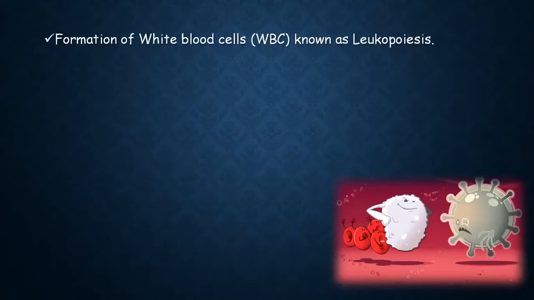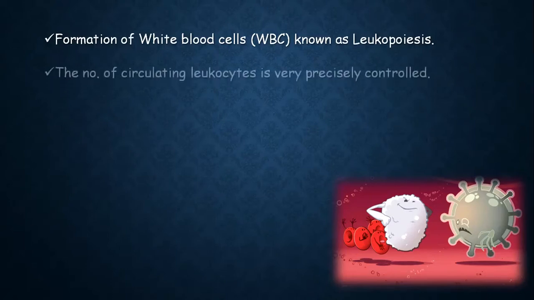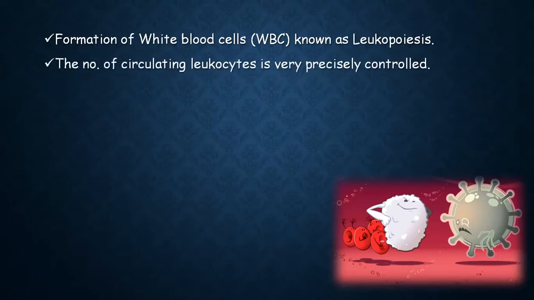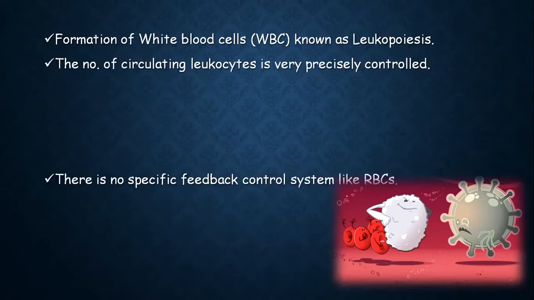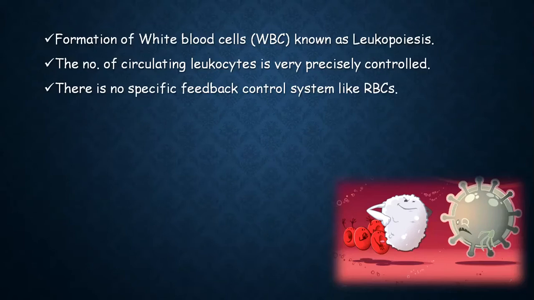Formation of white blood cells or the WBC is also known as leukopoiesis. The number of circulating leukocytes is very precisely controlled. There is no specific feedback control system like the RBC.